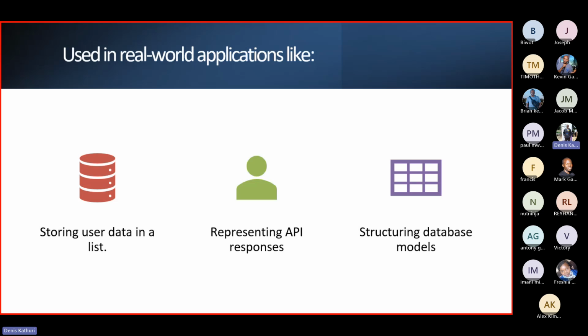You can represent this with a tuple where you have only two values, the size and the quantity. Then for a customer profile, you can use an object to store the user data as key values, like the name, age, and address.